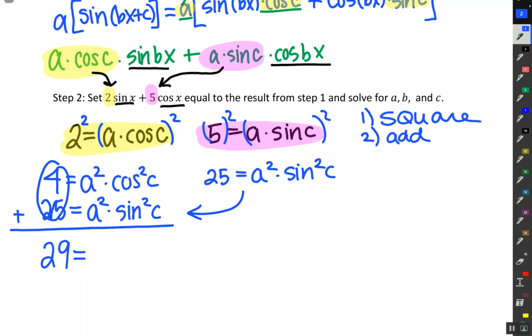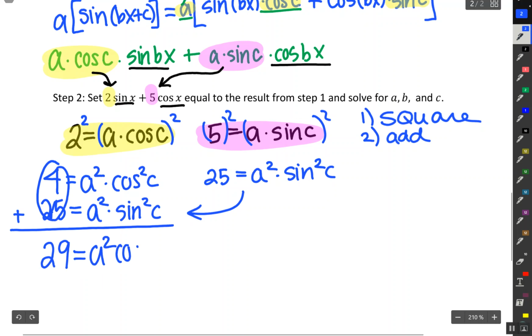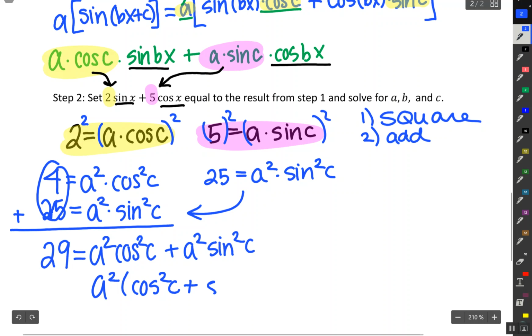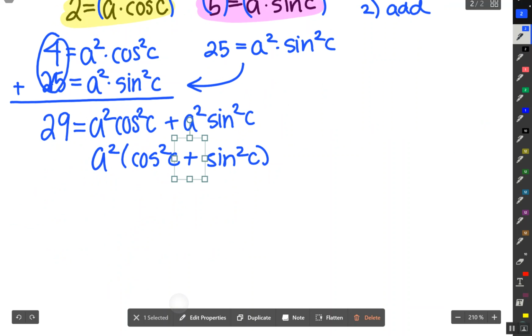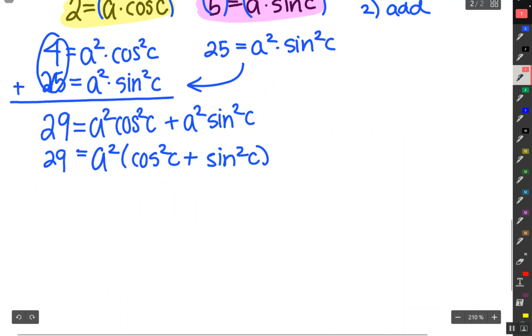If you have a squared times cosine squared plus a squared times sine squared, you can factor out this a squared. And we get cosine squared plus sine squared, which we know from our identities is equal to 1.